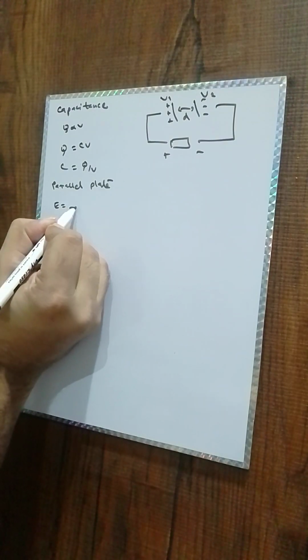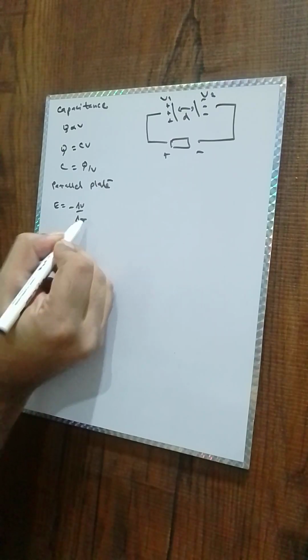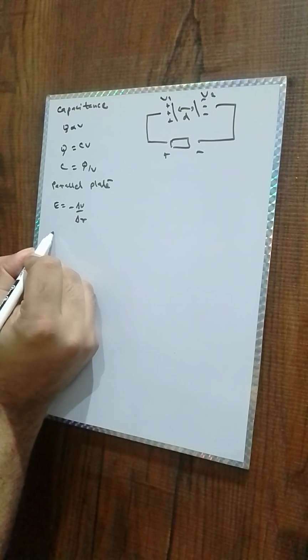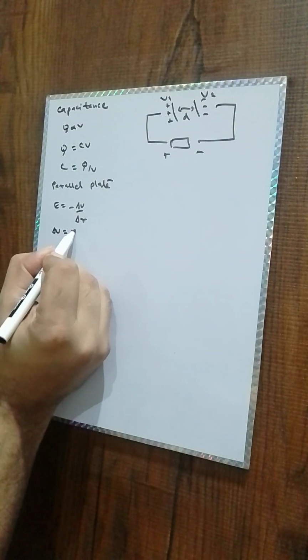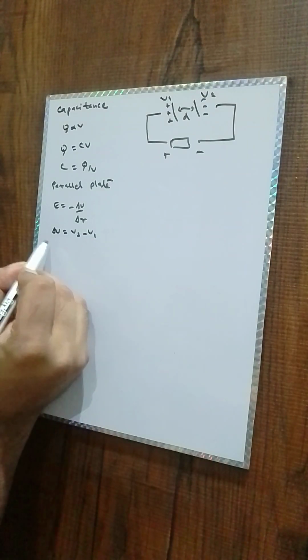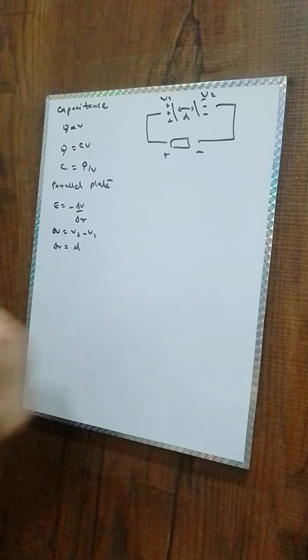From the gradient we know that E is equal to minus delta V by delta R. Delta V is equal to V2 minus V1, and delta R is equal to D in this case.